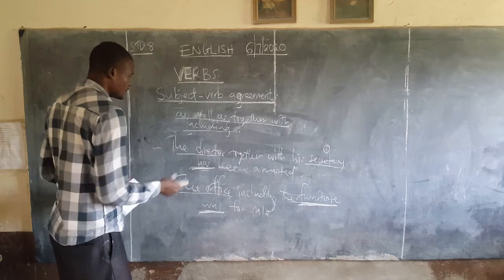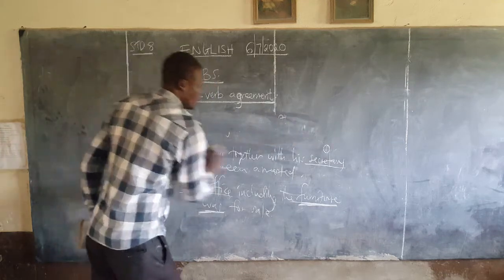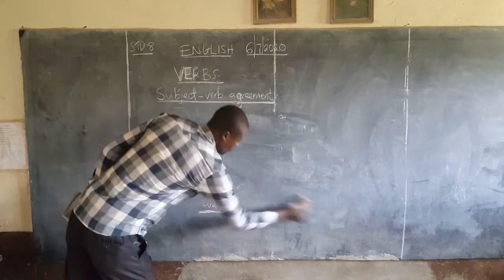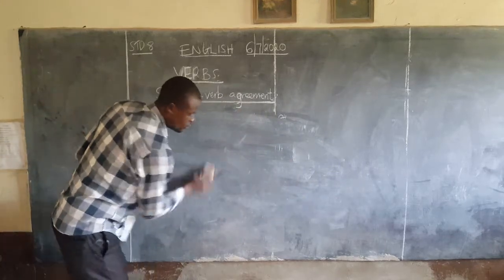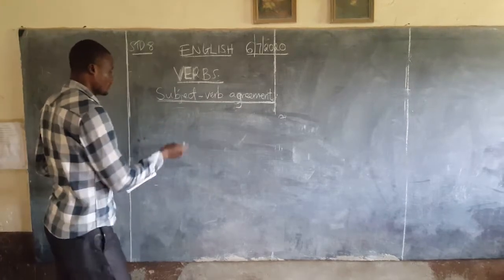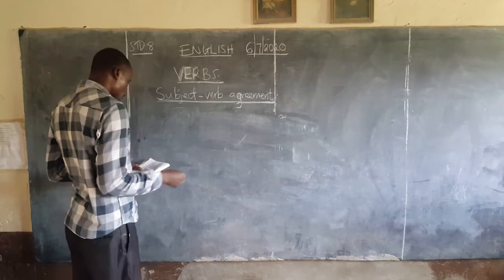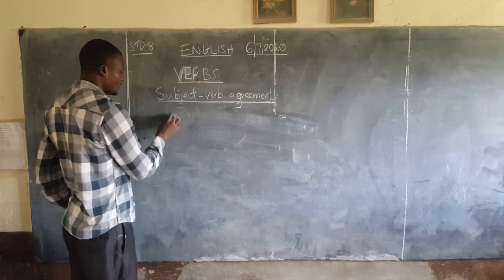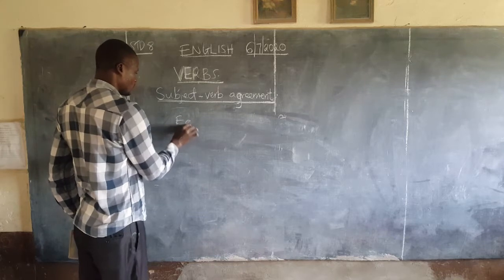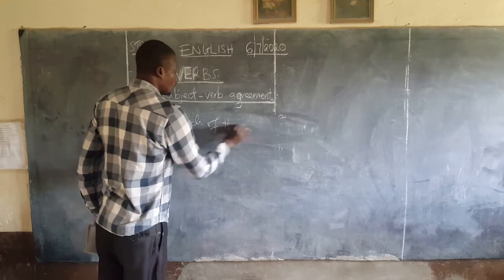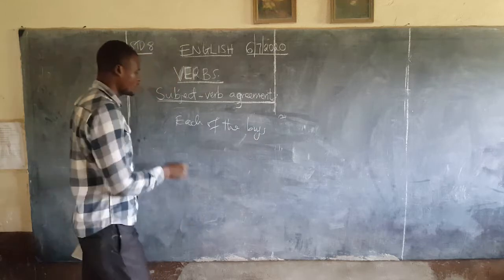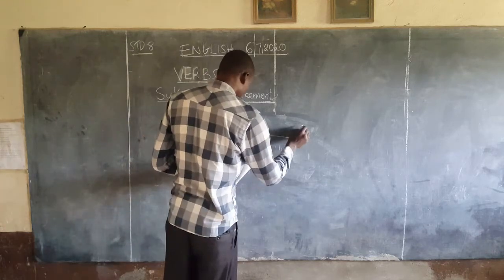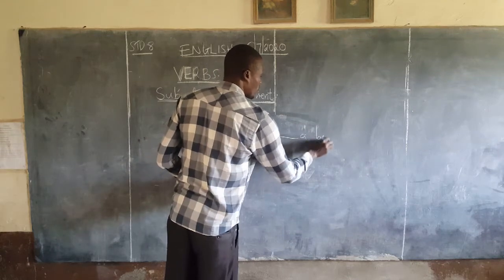Then we're going to go to the next level, where we use each of. So we know very well now that each means one, and we use it when we talk of two or more people. So each of the girls, or each of the boys has a book.